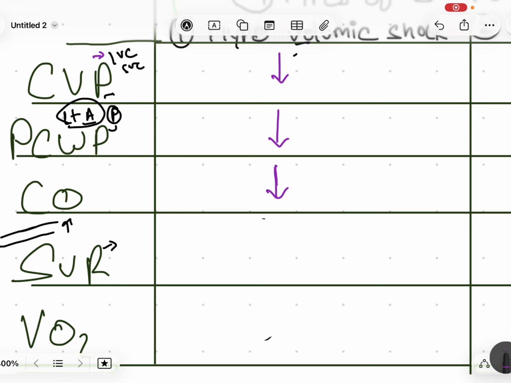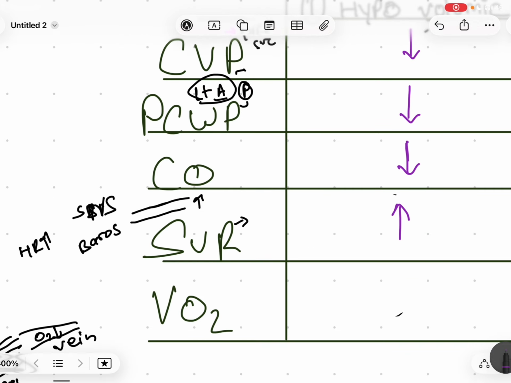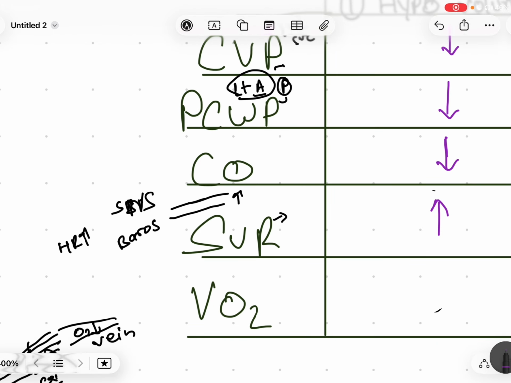And systemic vascular resistance will increase. I'm explaining why. What happens when we go through any accident, any hemorrhage? Our body activates the SNS, the sympathetic nervous system. It sends the impulse to the baroreceptor.